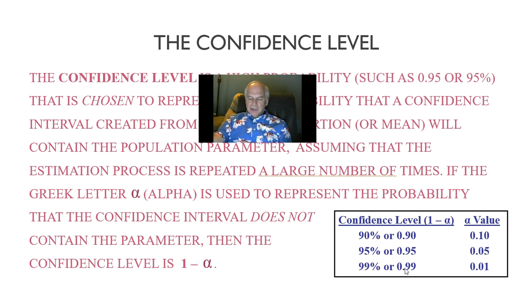If our confidence level is 99%, or 0.99, then you subtract that from 1 and you get 0.01. So the alpha value is sort of the opposite of the confidence level, in terms of one minus the other.